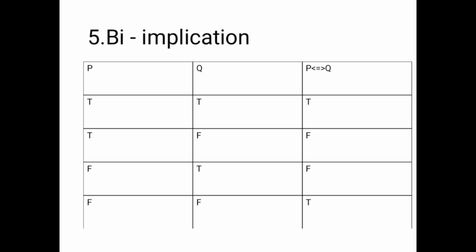But this side is true on P and Q is false, so this side is false. There is no similarity. So here also there is false, then true there is false because there is no similarity. But false and false, there is similarity in P and Q.